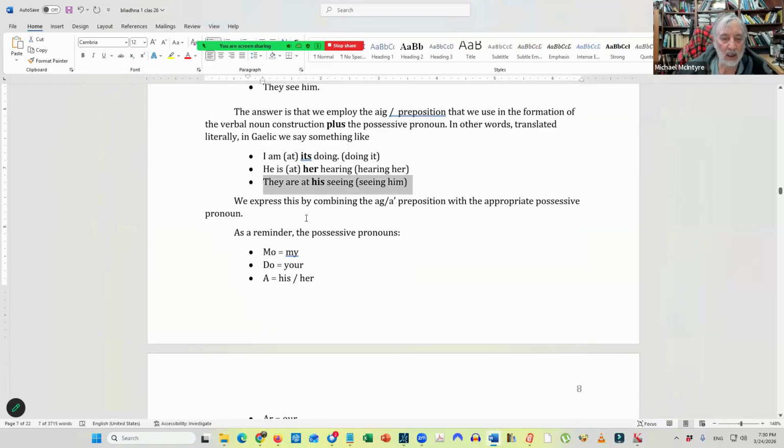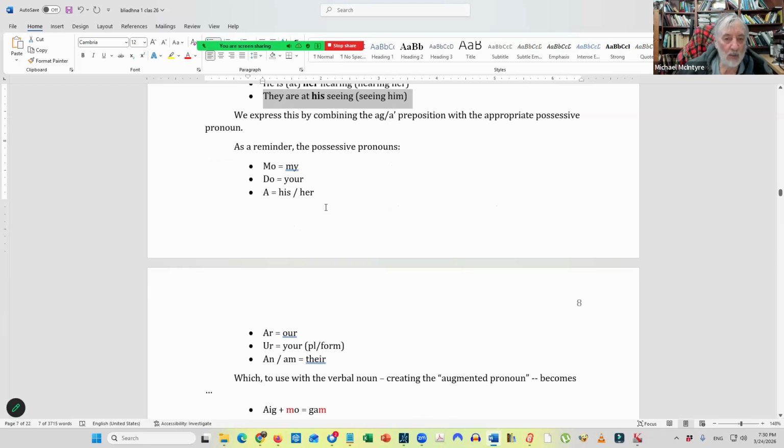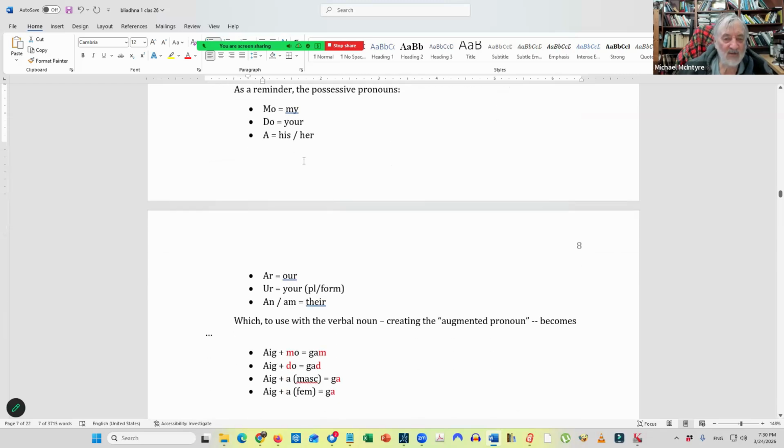We are at his seeing him. A little reminder, the possessive pronouns: mo, do, his or her, our, your, on or their.